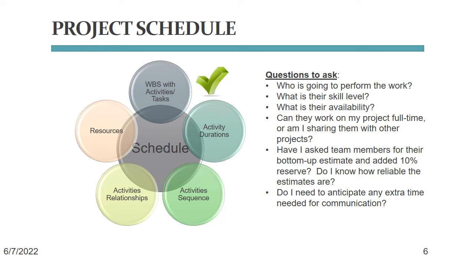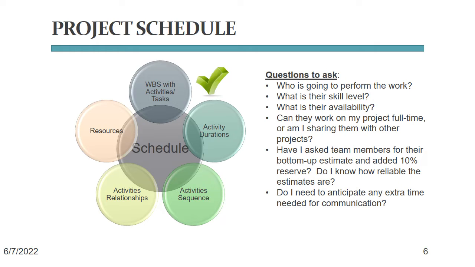So let's recap. You're going into building the schedule with a well-defined WBS, and you know all the activities that need to happen to make your project successful and generate measurable organizational value for your client. So once you know the activities, here are more questions to consider. Who is going to perform the work? What is their skill level and availability?